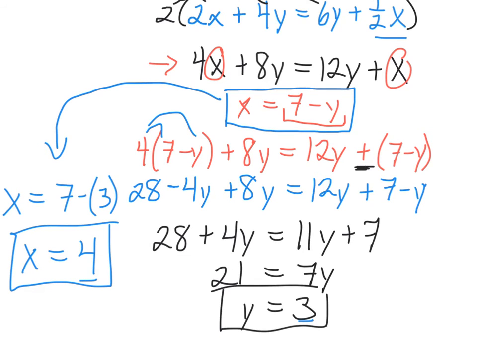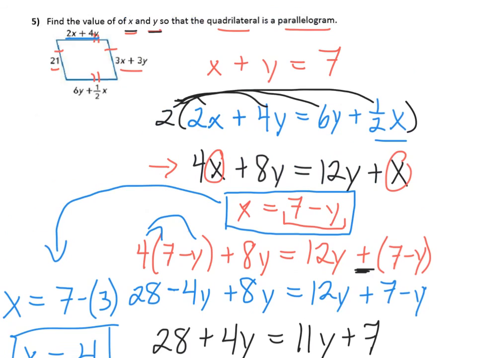X equals 4, y equals 3. And if I plug it back into my picture, we're going to end up with 21, which matches up to the opposite side. And then the top side is going to be 20, and the bottom side is going to be 20. Now, there are definitely other ways to solve this problem. All right, I just chose a method that appeared easiest to me.